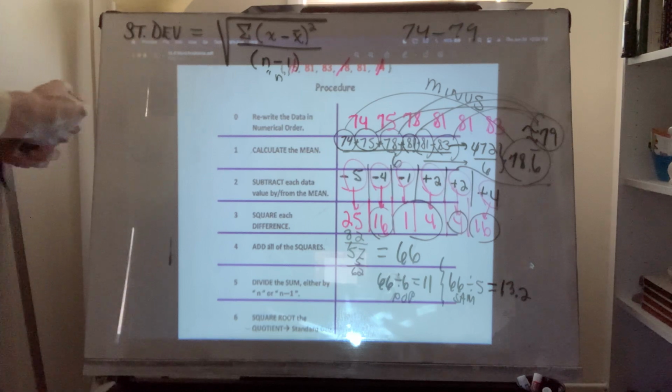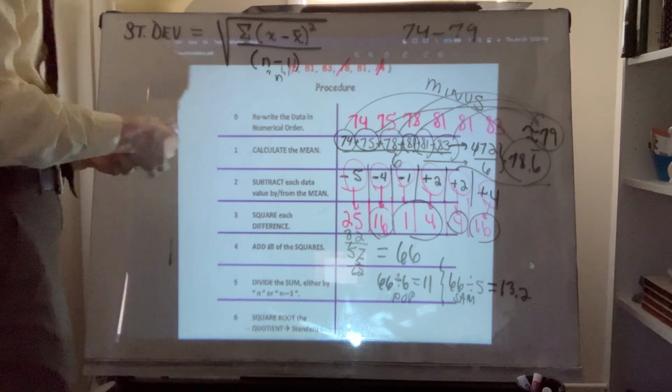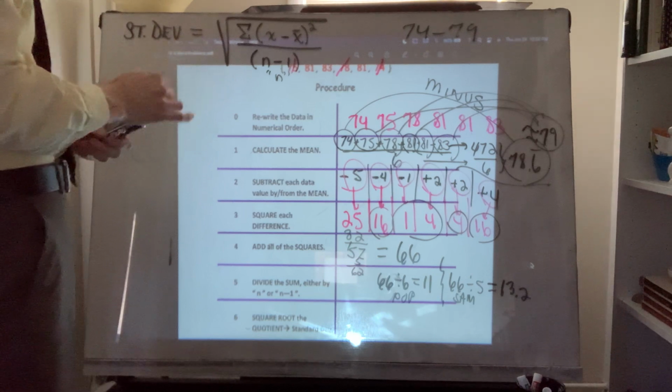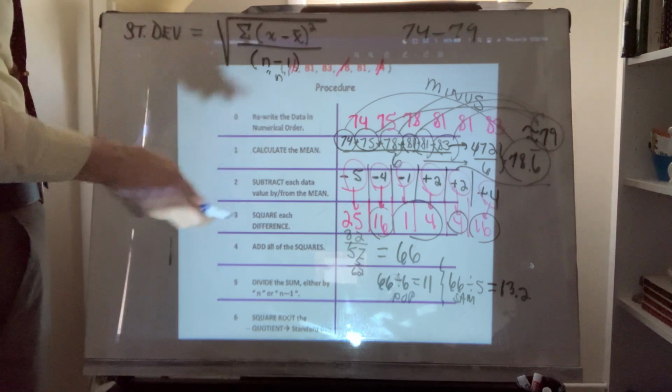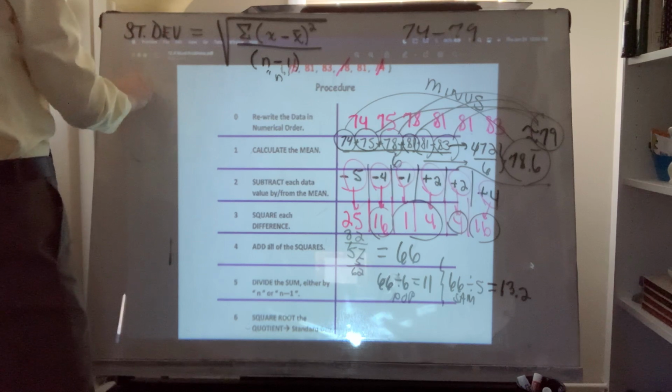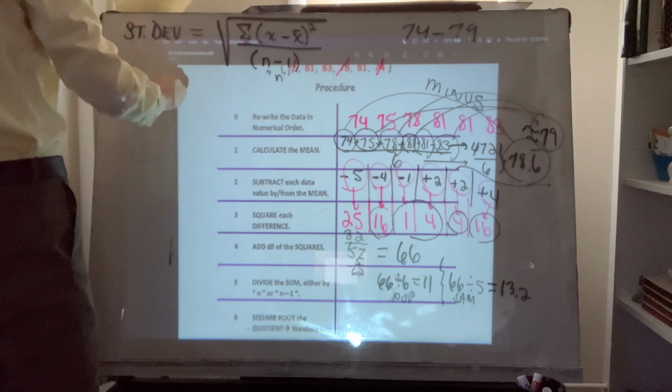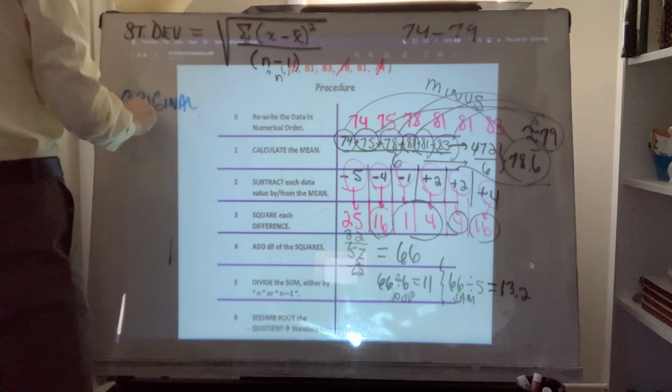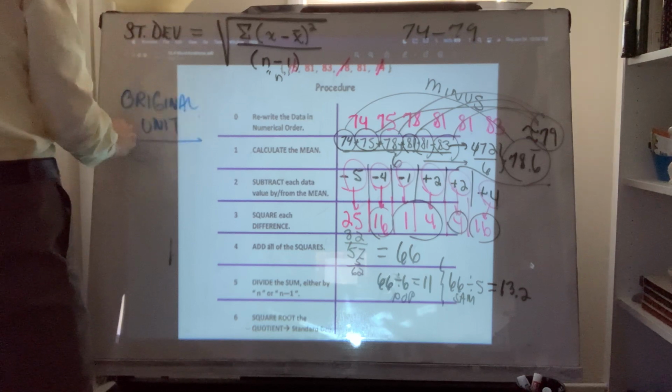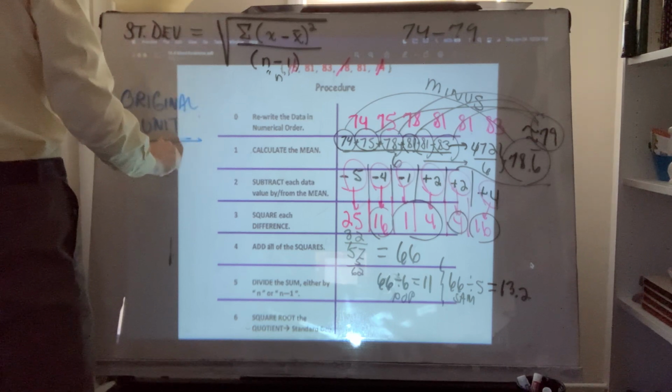Now, at this point, if the original unit was in inches, because this is the heights of basketball players in the United States, the original unit was inches.